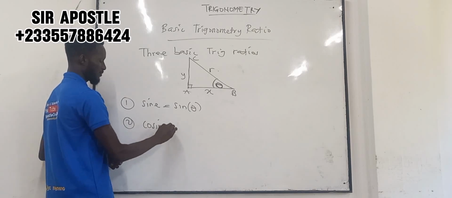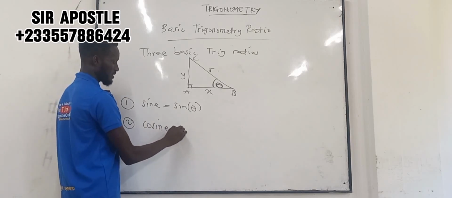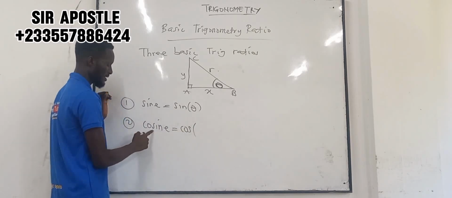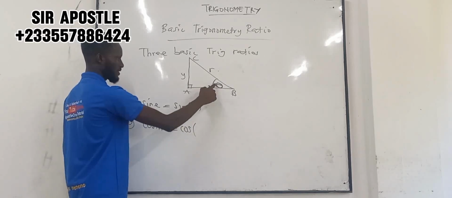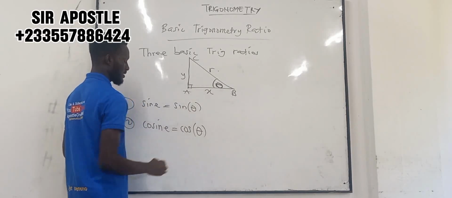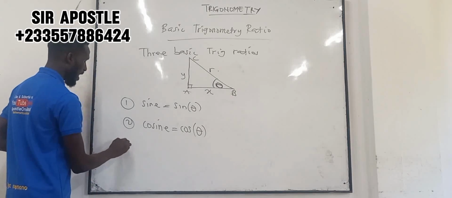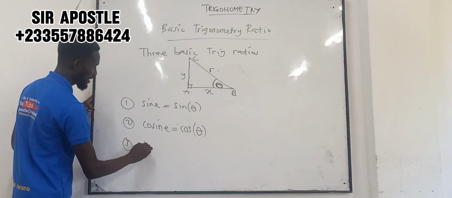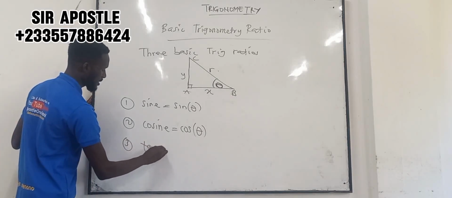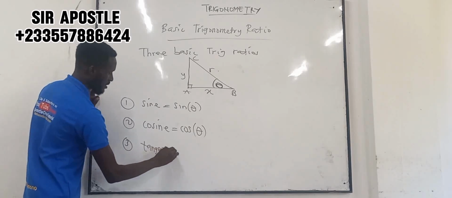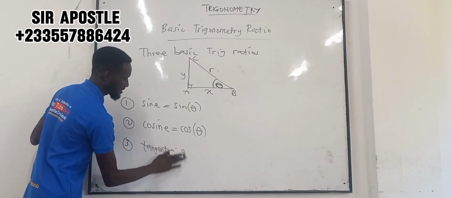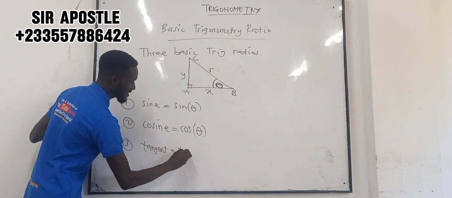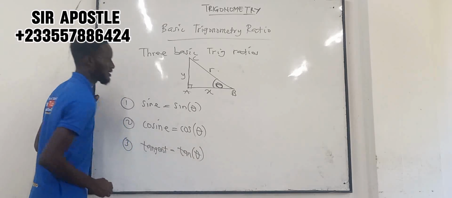The short form takes the first letters, cos, so cos of the angle theta. Then the last one is called the tangent. The short form is tan, so you're going to get tan of the angle theta.